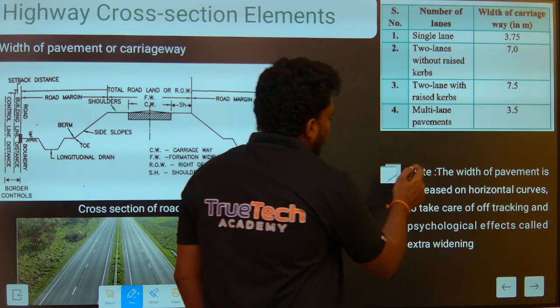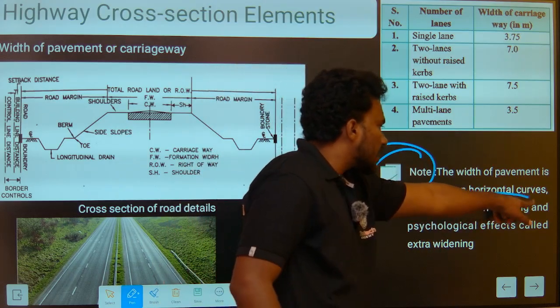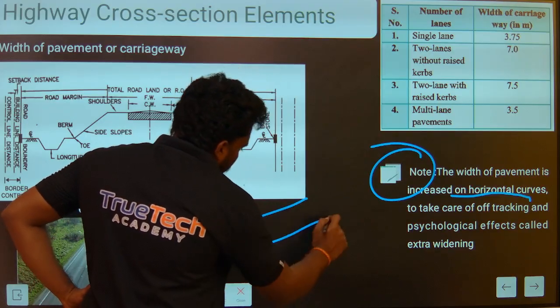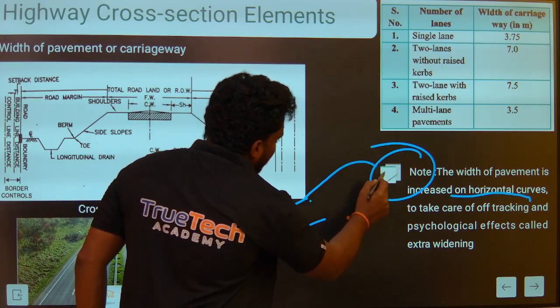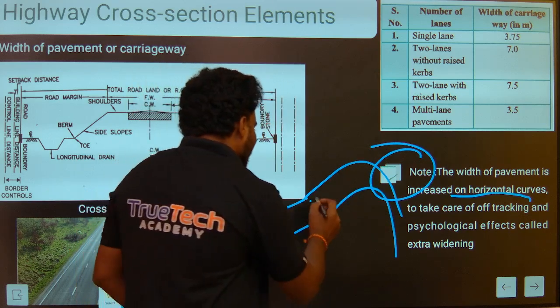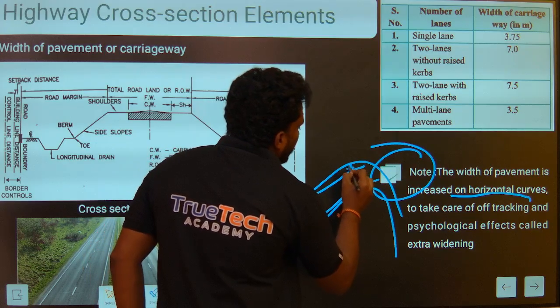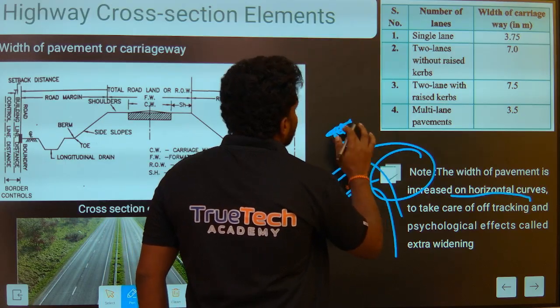Now here is an important note. The width of pavement is increased on horizontal curves. For example, like this is the road surface. If there is a horizontal curve here, there is some extra width we have to provide.